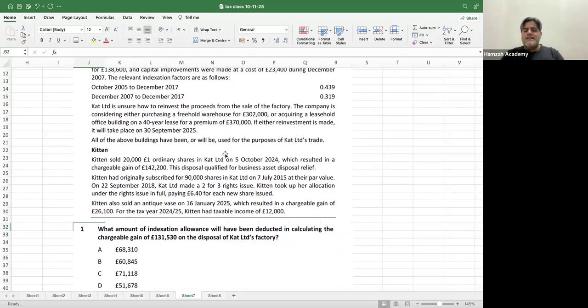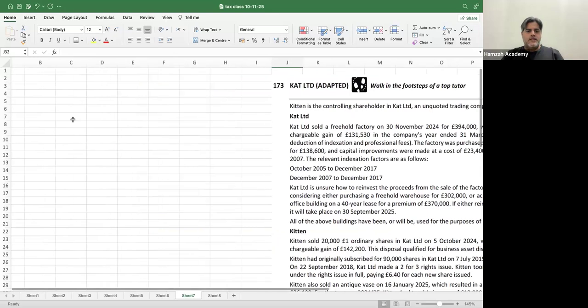Now, what amount of indexation allowance will have been deducted in calculating the chargeable gain of 133,530 on the disposal of Kate Limited's factory? Okay. So the amount of indexation allowance is something that we have to calculate.